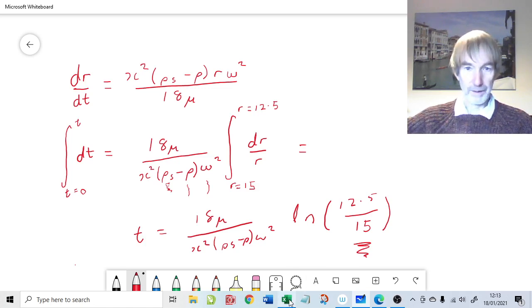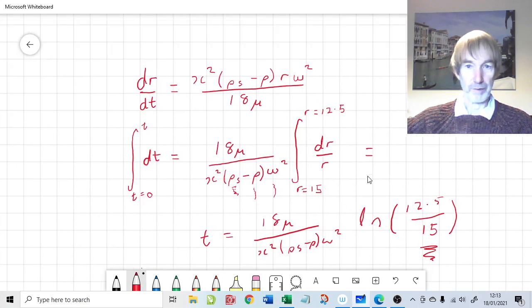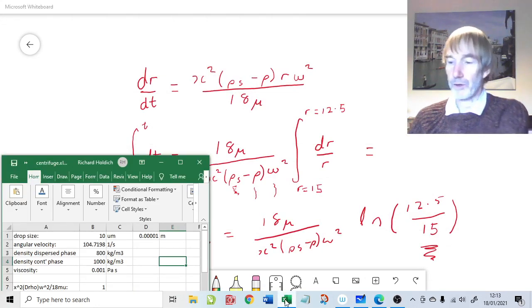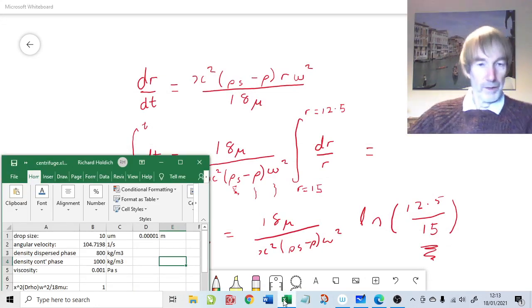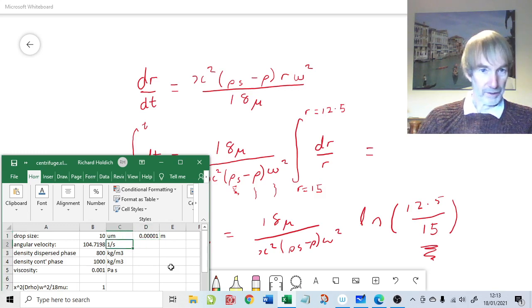So let's kick up Excel. All right. It's probably better if I bring that over here so I don't lose the equation. Well, not in its entirety anyway. So I've pre-programmed Excel with the drop size, 10 microns. That's in SI units. The angular velocity is 105 to 3 significant figures.